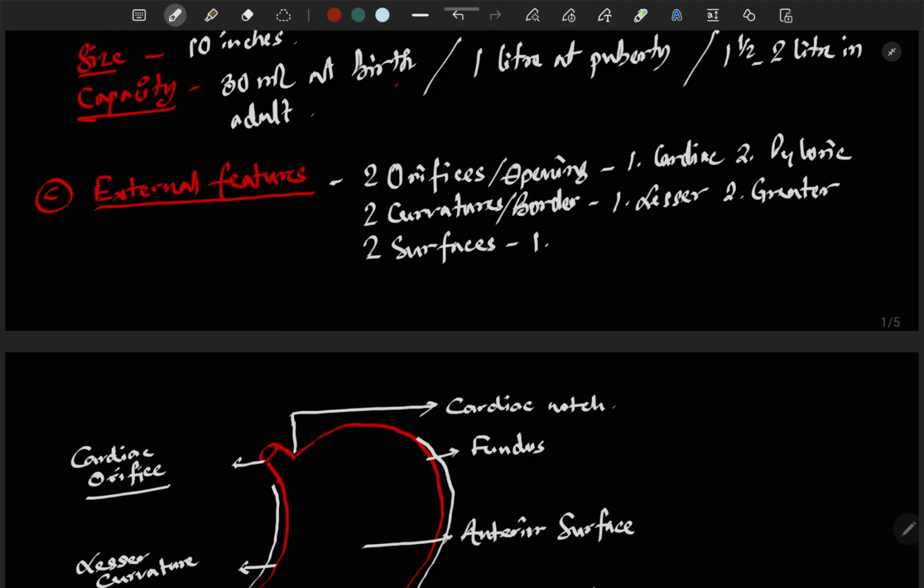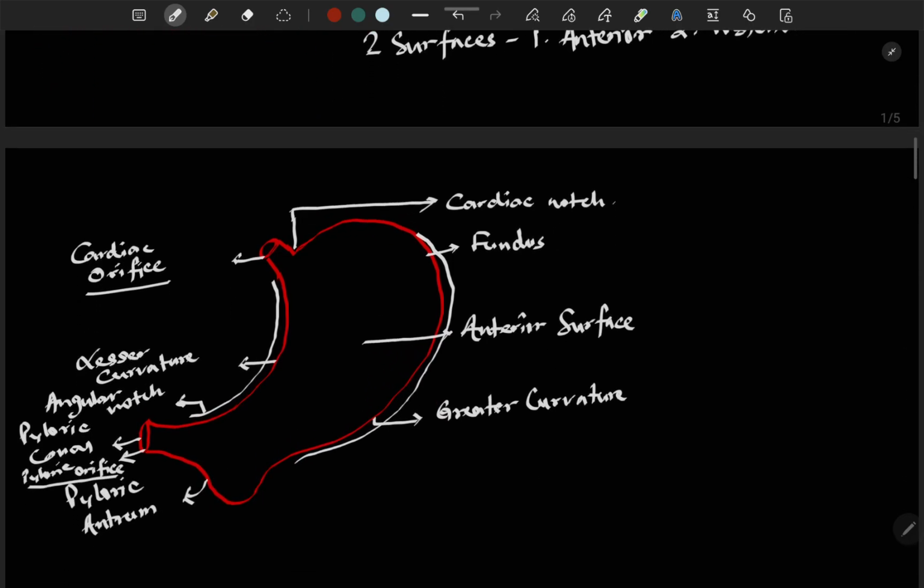Two surfaces are the anterior surface and the posterior surface. This is the anterior surface, and the back side of this is the posterior surface.